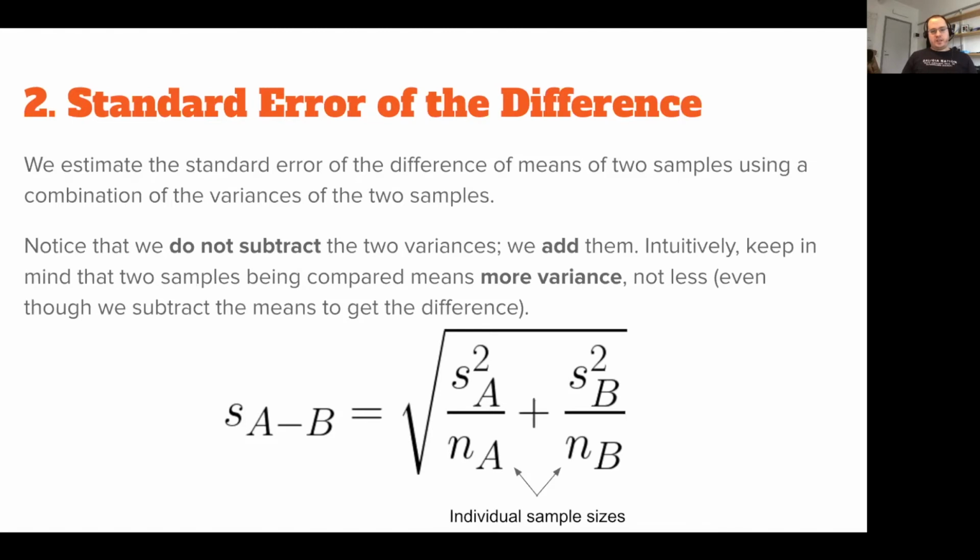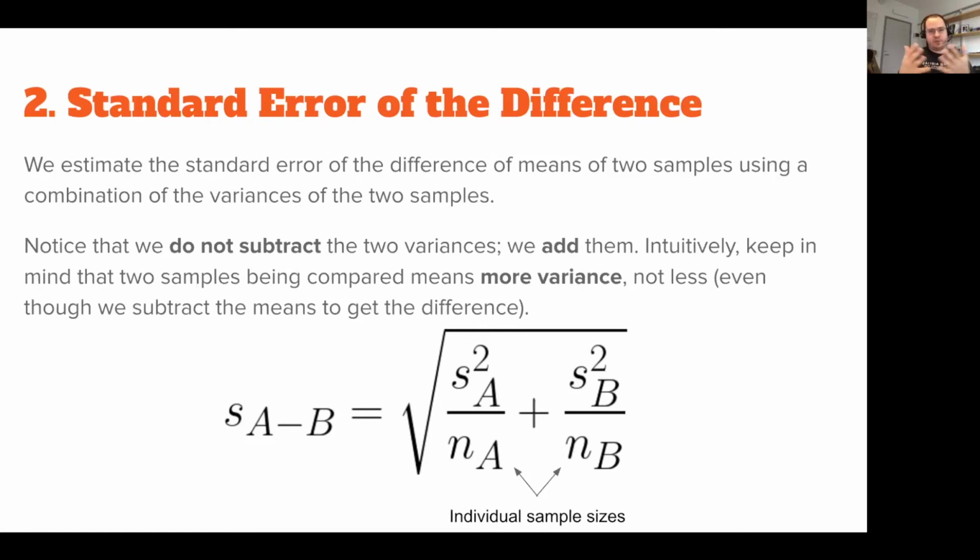So it's interesting. The most important fact or detail to pay attention to in this case is that when we take the standard error of the difference between these two things, which is what we need in order to build our sample distribution and our confidence interval, even though the operation that we're doing on the means is to subtract them, right?